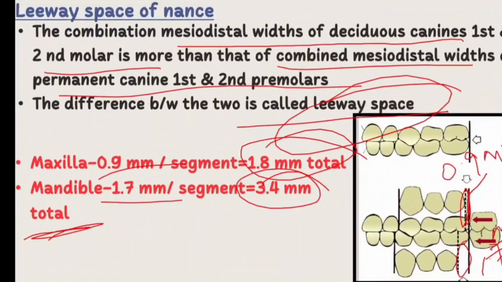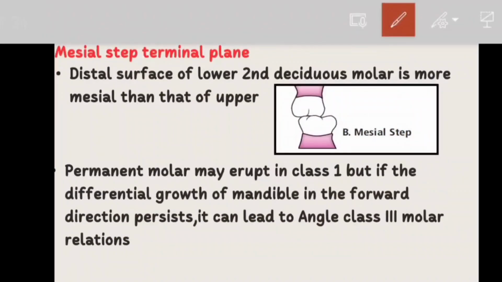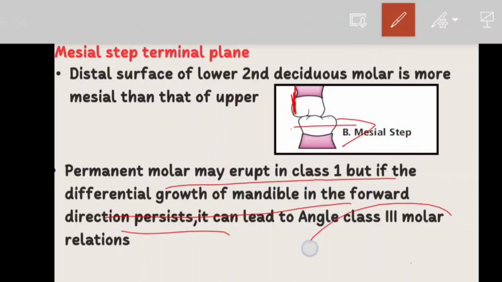Now we see the mesial step terminal plane, where the distal surface of the lower second deciduous molar is more mesial than that of the upper. Here the permanent molar may erupt in class 1, but if the differential growth of the mandible in the forward direction persists, it can lead to an Angle class 3 molar relation.